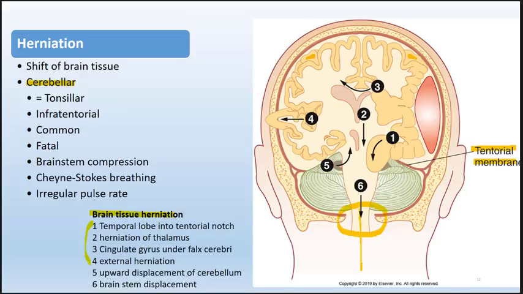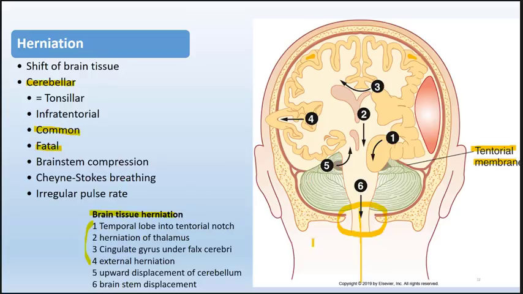And then we have the spinal cord that would run down the spine. Because this is a large opening, the movement of the cerebellum inferiorly can occur. And so this is the most common, and it is considered fatal when this happens.